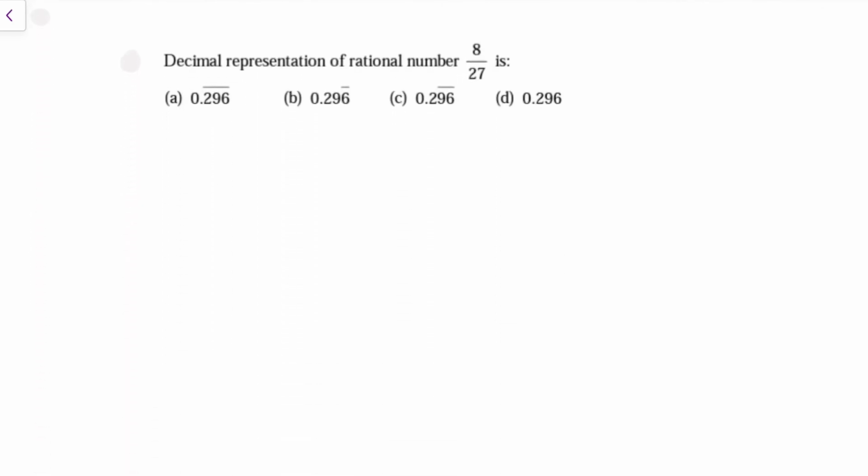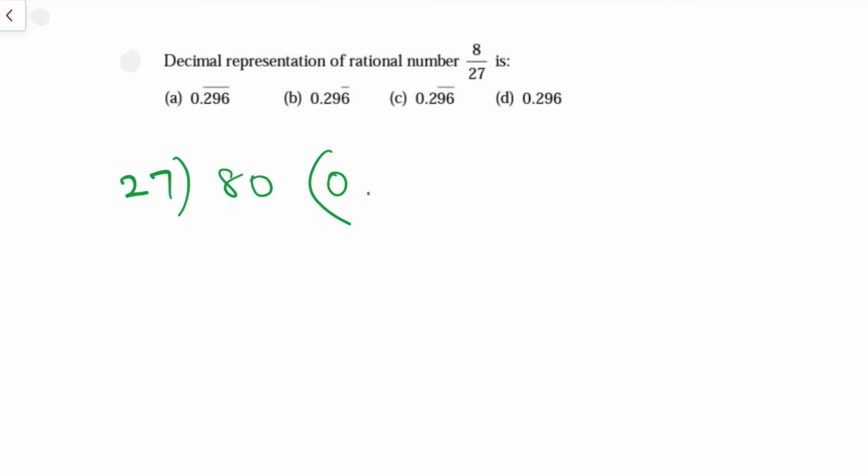Next. What is the decimal representation of the number 8 divided by 27? We need to divide 8 by 27. In the 27 table, 8 won't come, so 0 point, and here we need to keep 0.